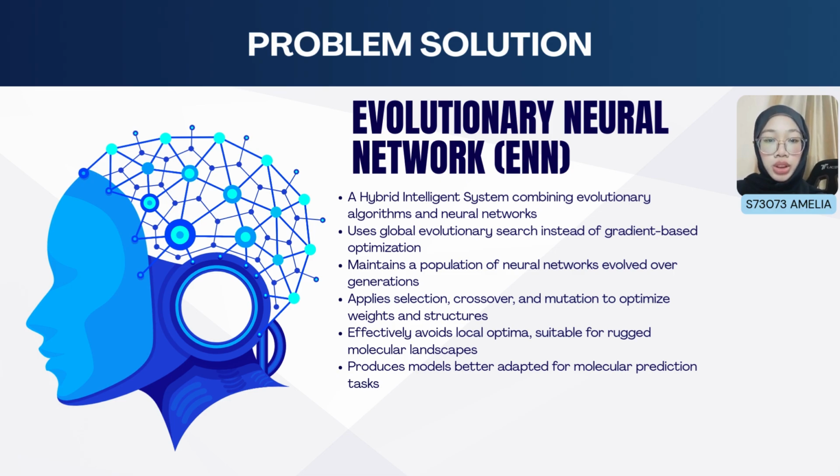It maintains a population of neural networks evolved over generations. It also applies selection, crossover, and mutation to optimize weights and structures. It effectively avoids local optima, suitable for rugged molecular landscapes. The last one is it produces models better adapted for molecular prediction tasks.